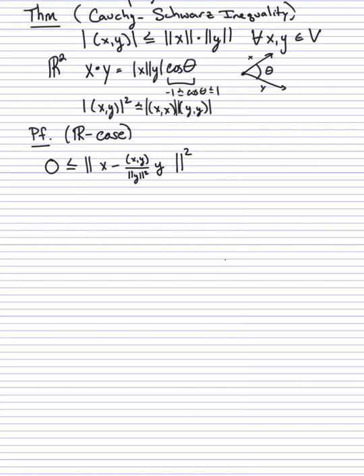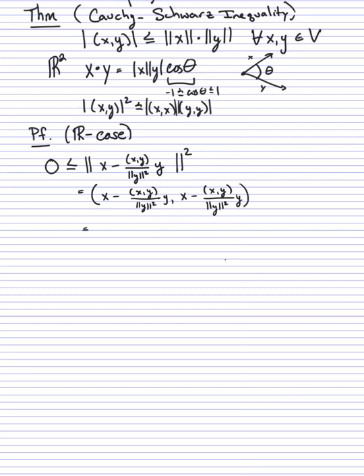Now this is just equal to the inner product of x minus xy over norm y squared times y with itself.